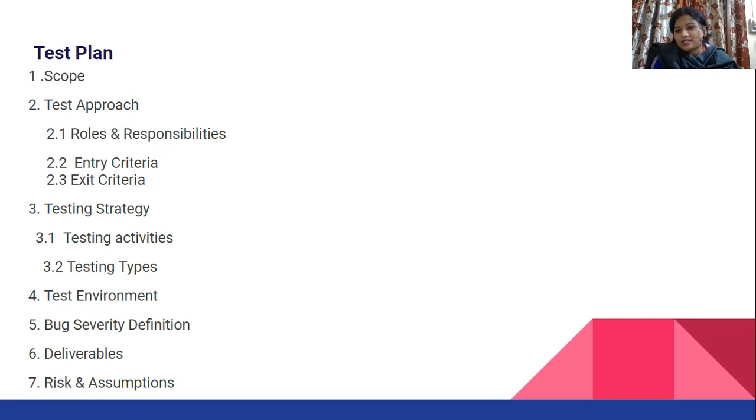Under the testing strategy, strategy means what kind of testing we are going to do and what all activities we are going to do inside the testing. That whole flow constitutes the testing strategy.